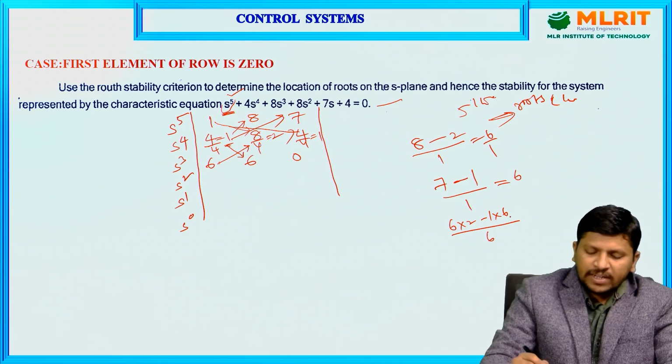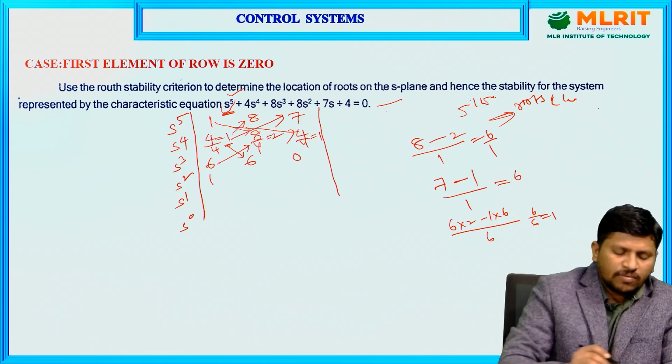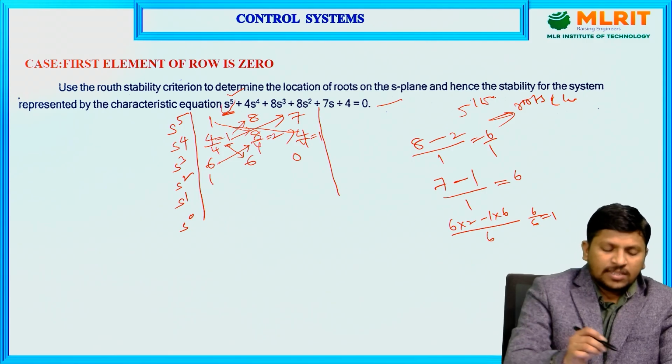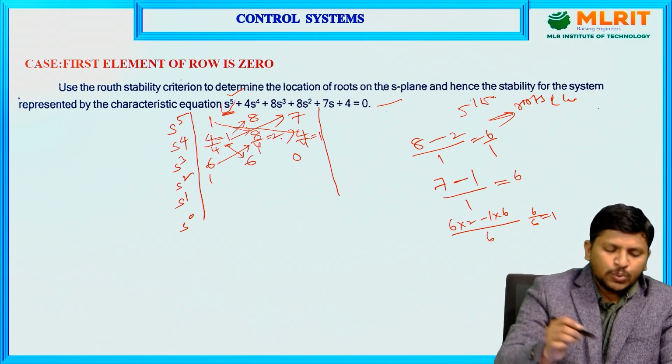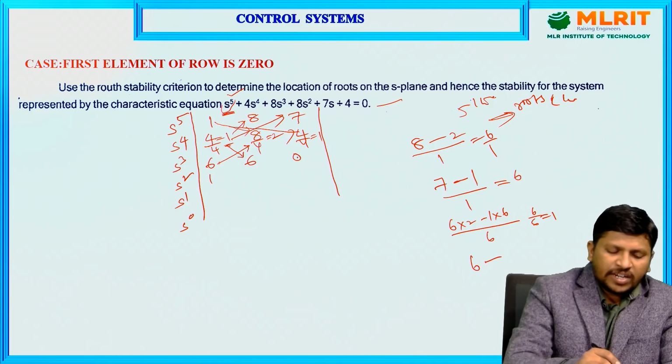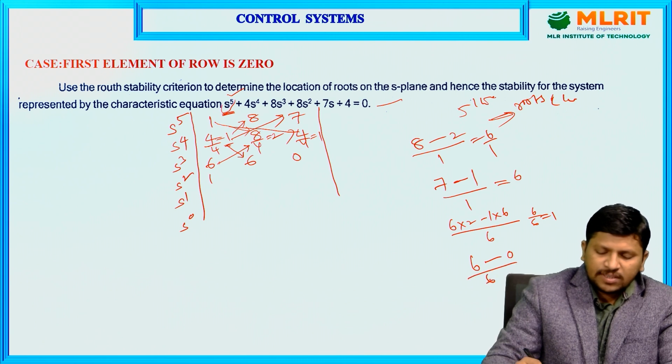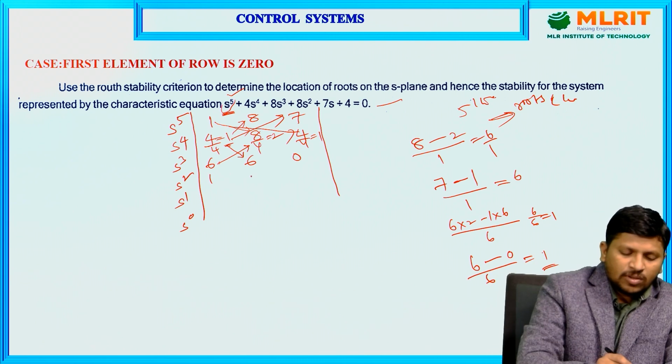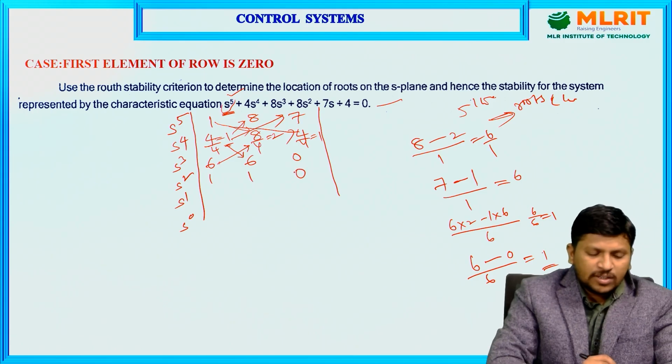So 12 minus 6 is 6, and 6 divided by 6 is equal to 1. So here 1. Next here 6 and 1: 6 minus 1 into 0 is 6, divided by 6, that is equal to 1 only. So here also 1. So 1, 1 and 0.